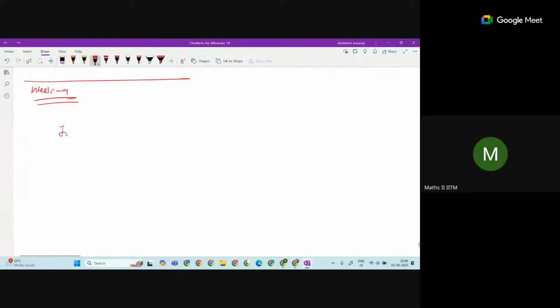So inner product here is the inner product in R2 and C2.